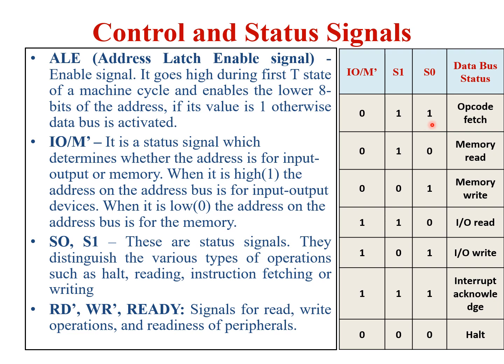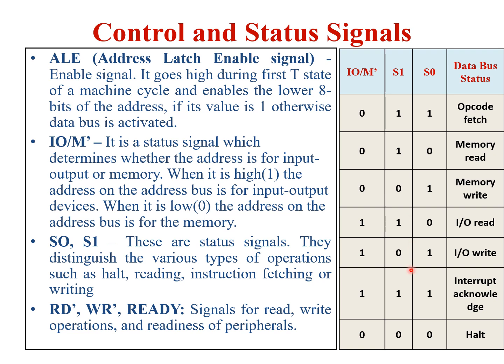When both the pins are 1, then it represents the fetch operation. If the IO/M pin is low, then it is going to fetch from the memory. Then if S1 is 1 and S0 is 0, it represents memory read. If S1 is 0 and S0 is 1, then it is a memory write.